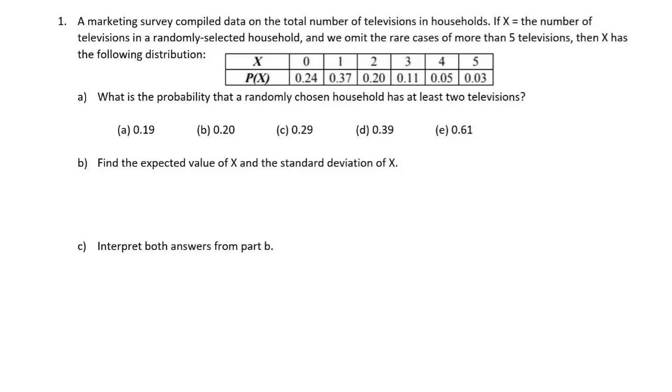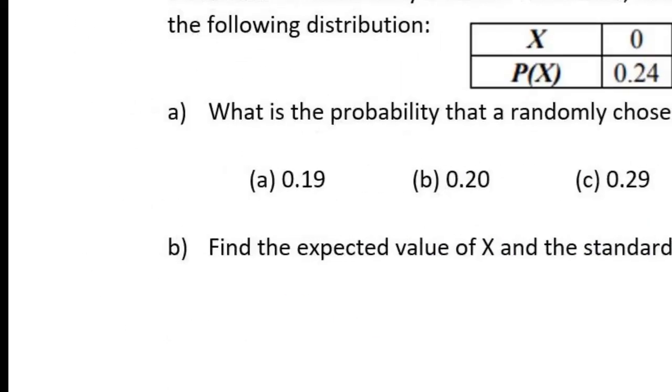All right, number 1. What is the probability that a randomly chosen household has at least 2 televisions? How do we do this if you have to do it by hand?